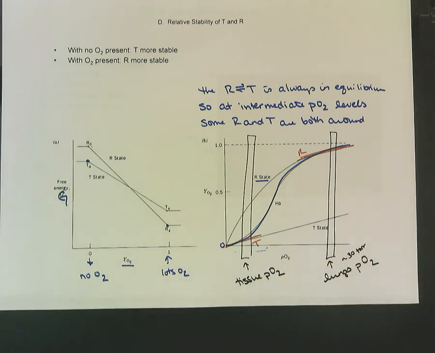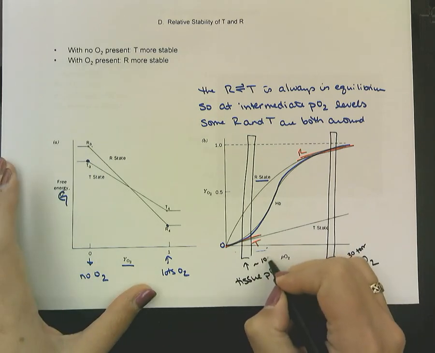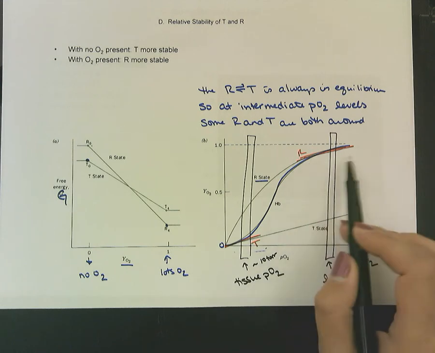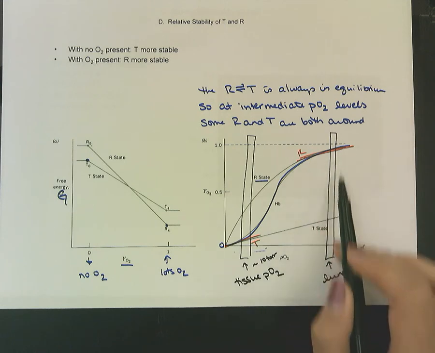And your tissues, like your fingers, your extremities, have a partial pressure closer to 10. Somewhere in that range. So why is it good that you're in the R state at the lung partial pressure? The lungs is where it picks up the oxygen. So you want to have most of your hemoglobin in the R state, oxygenated, at that partial pressure.